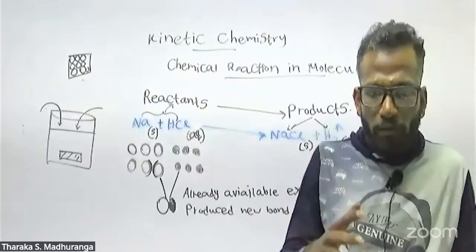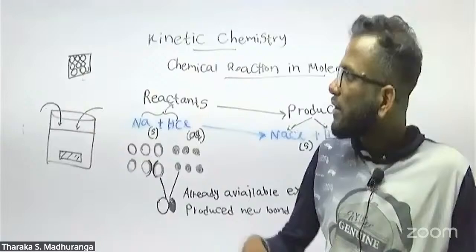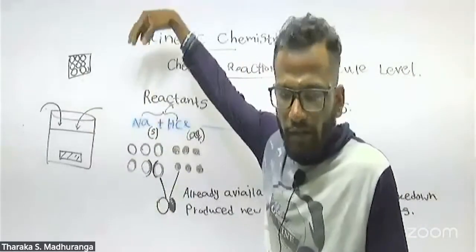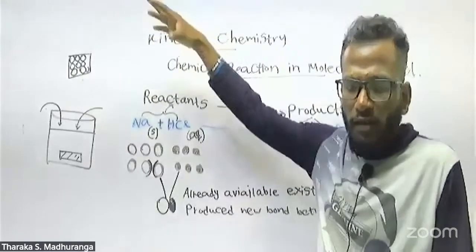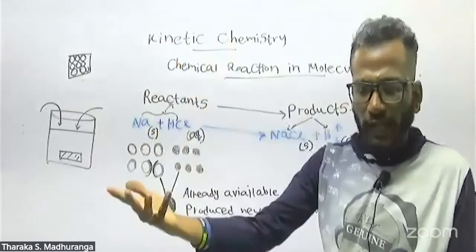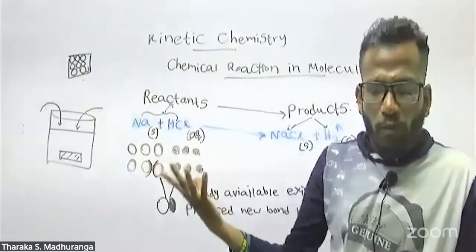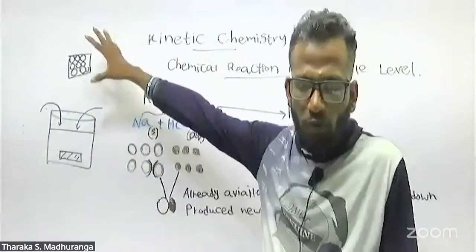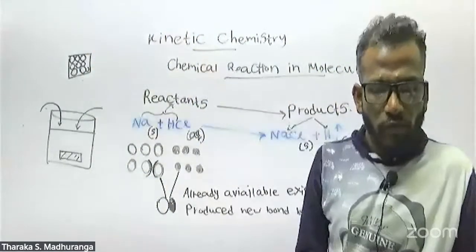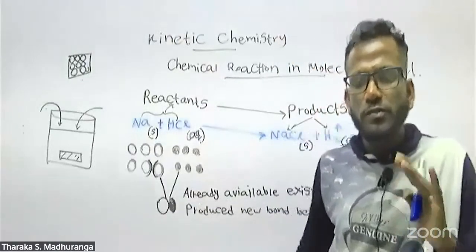I told you they have intermolecular bonds between each molecule in solid, gas and liquid reactants. How strong they are depends on their state. The strength of the intermolecular bond depends on the state. Solid is very strong, and that's another story. Then you need to understand every reactant is made of molecules.